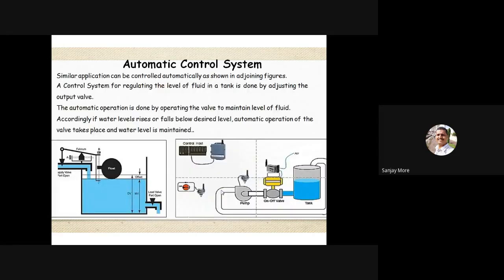Write down in automatic control system. The automatic operation is done by operating the valve to maintain the level of fluid.